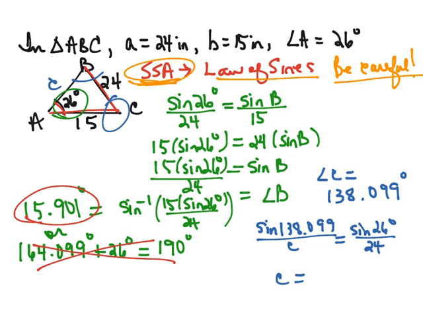And so if we cross multiply and divide, 24 times the sine of 138.099, and then we want to divide by the sine of 26, will give us that side C is 36.563. And in this particular problem, that would be inches. So in this side-side angle case, we have solved the triangle. We found side C, we found angle C, and we found angle B.